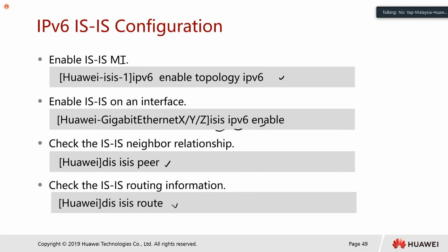Just that when you're advertising your network, you need to advertise isis ipv6 enable. Last time we just did isis enable, but this time you have to do isis ipv6 enable. So this is one of the extra configurations needed inside the ISIS configuration.